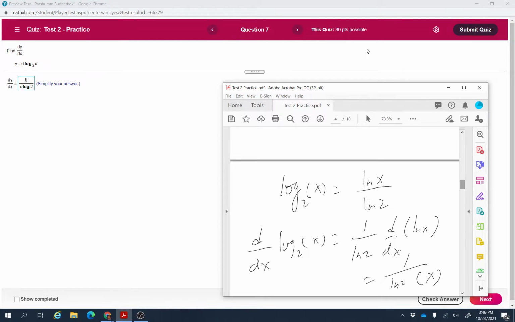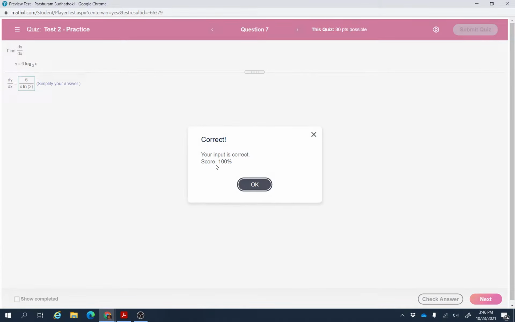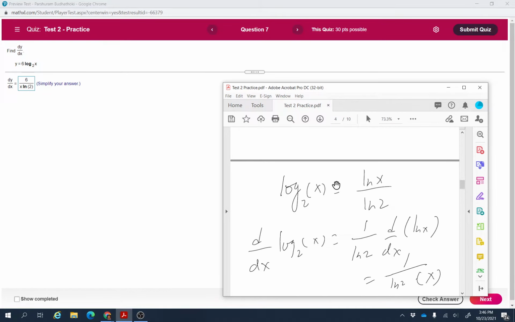Okay, so instead of log, I need to use ln. So let's replace that by using ln of 2. Okay, let's try this one. Okay, 100% right. So I was using log instead of ln. So this is the relation: we can always change any log base to ln, and we can use the derivative of ln.